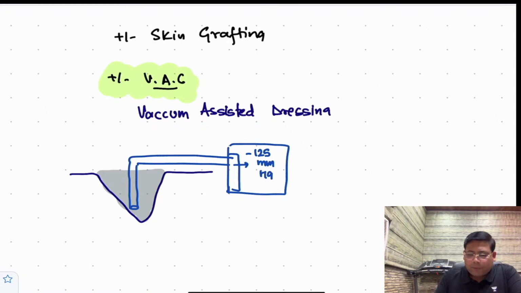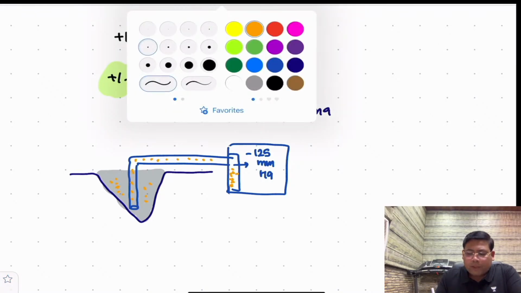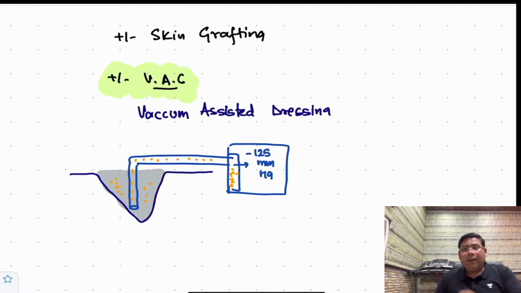So do you know what happens? All the purulent necrotic material which is present here is siphoned off and collected in this, and that is what is actually causing the pus to be evacuated out from the wound site, and thus if pus is not there, the local oxygen availability around that wound margins is enhanced, and that is actually going to promote the healing.